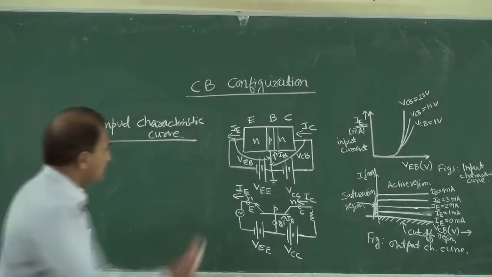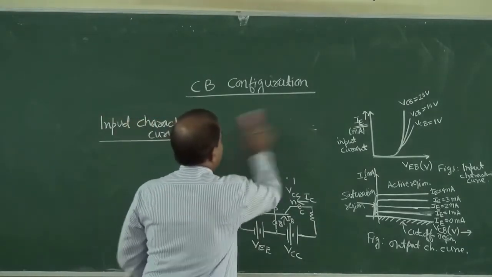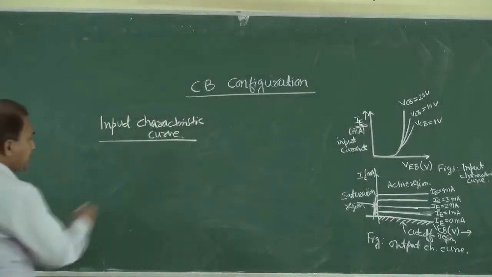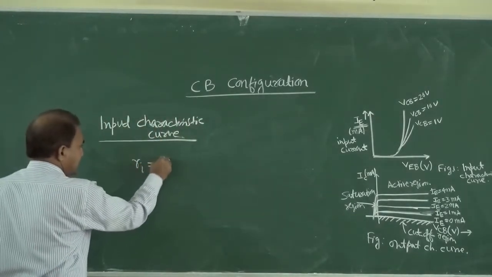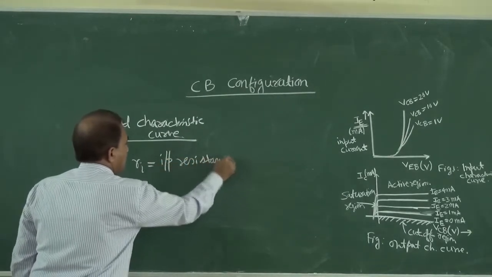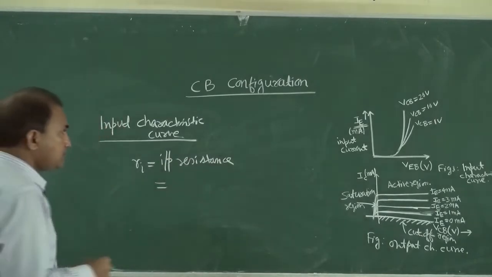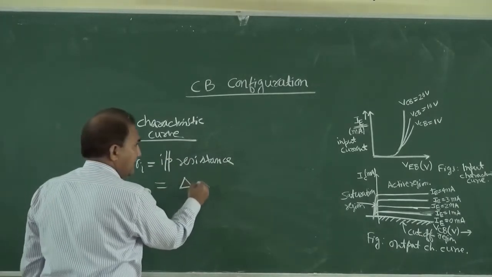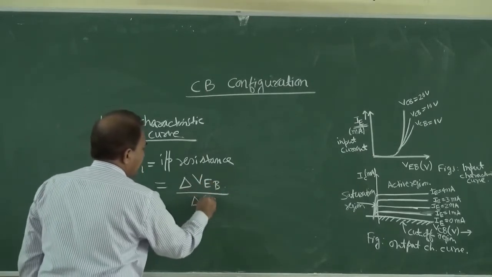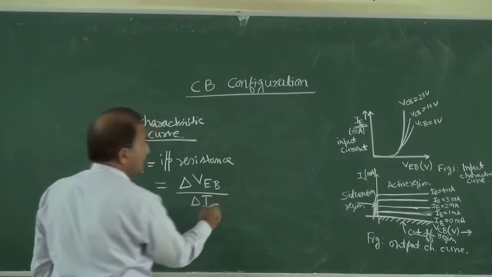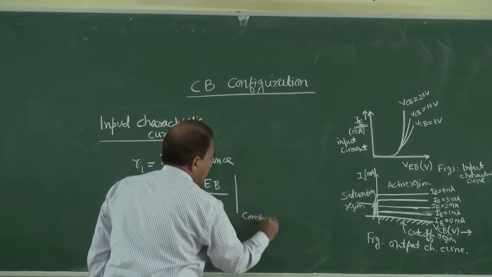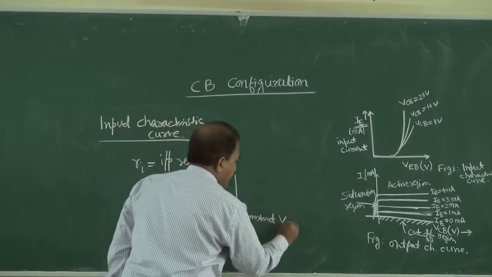So Ri, that is the input resistance, is equal to del VEB divided by del IE for a constant value of VCB.